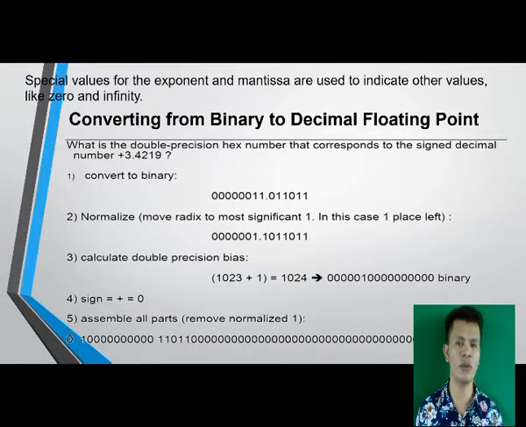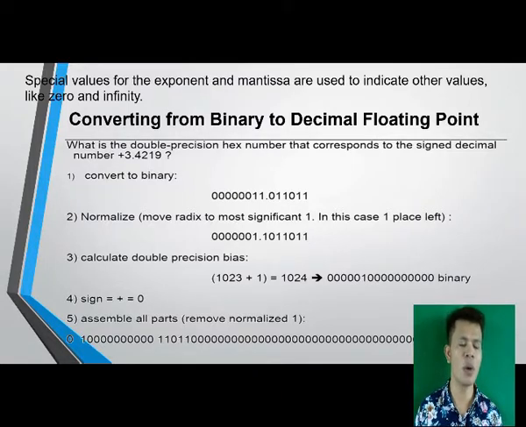First, we convert positive 3.4219 to binary, which is 0.00011.011.011. Second step, we normalize the binary. Of course, we move the radix to the most significant one in this case.